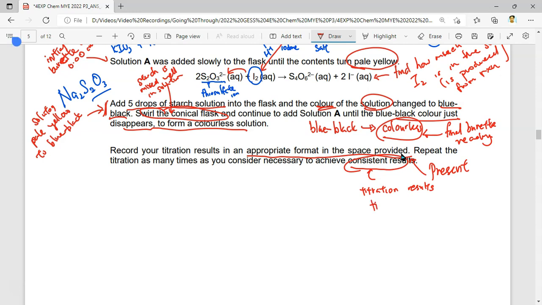Your two best titration results must be within 0.20 cm³ from each other. So we're looking out for 0.20. Of course, it can be 0.10 or exact, which would be best. But if not, the key here is they must be within 0.20 of each other.